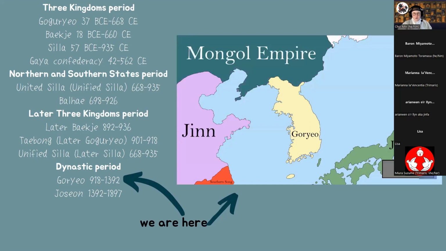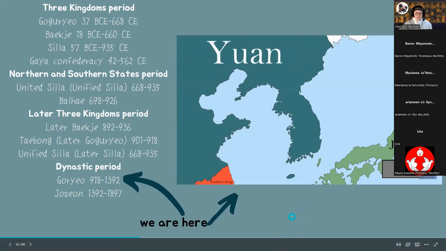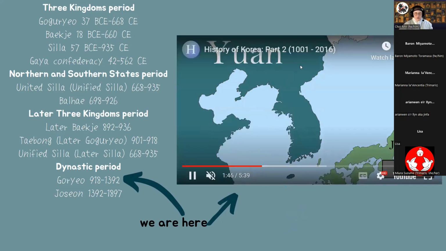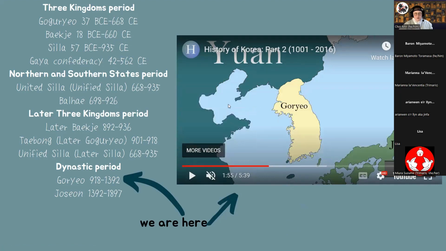And then you can see on the right, the Mongols come in. That's why this is important, because the Mongol Empire comes in and makes Goryeo submit just like it does the rest of the continent. But they remained as a vassal state, and in this map it shows that Goryeo becomes Yuan dynasty, which is somewhat accurate.